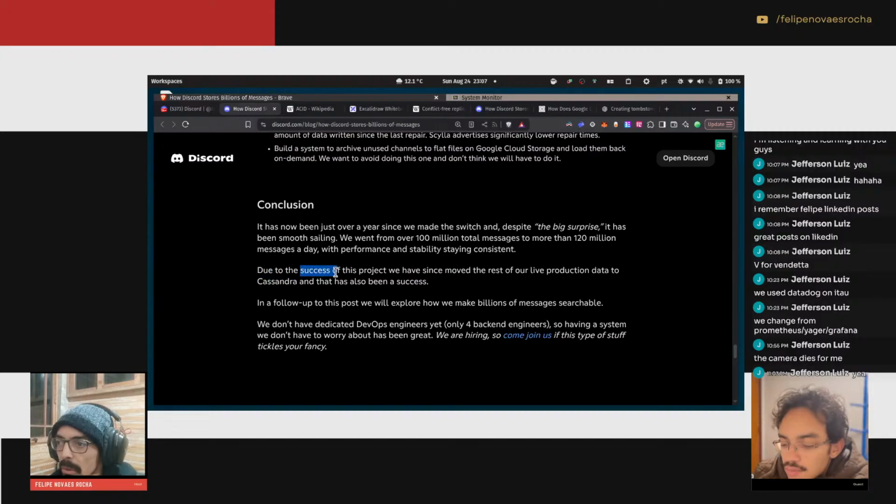Due to the success of this project, we have seen moving the rest of live production data to Cassandra, and that has been a success. In a follow-up to this post, we explored how we make billions of messages searchable.